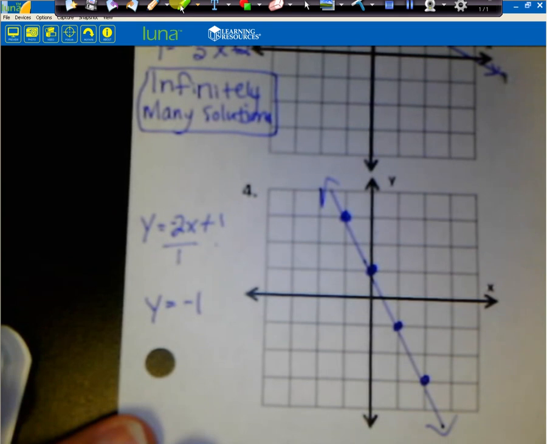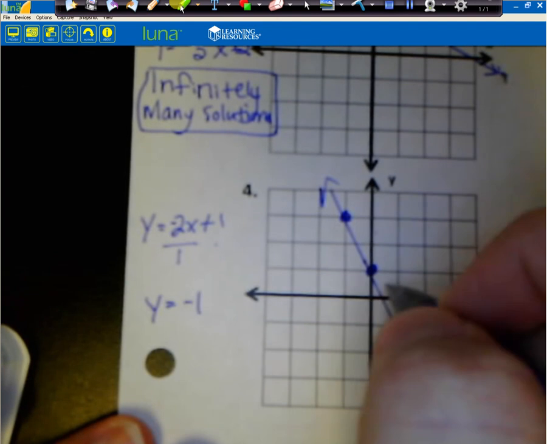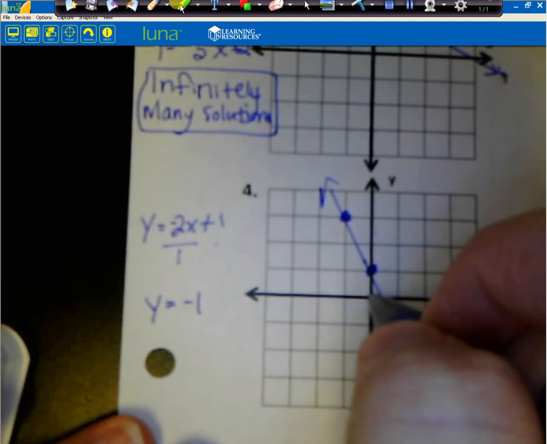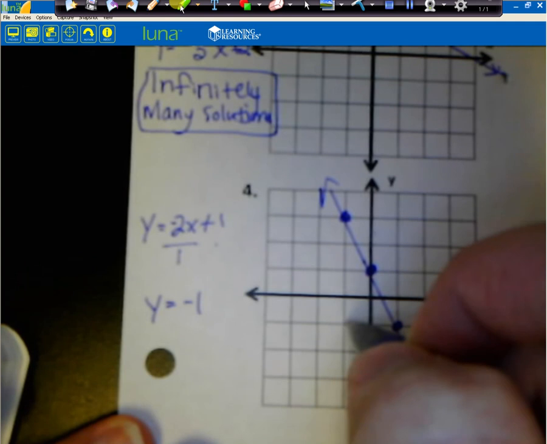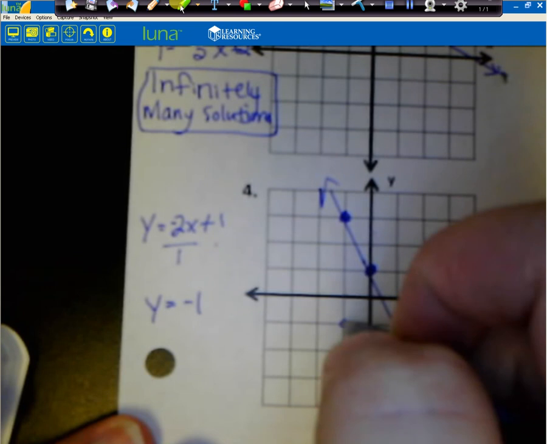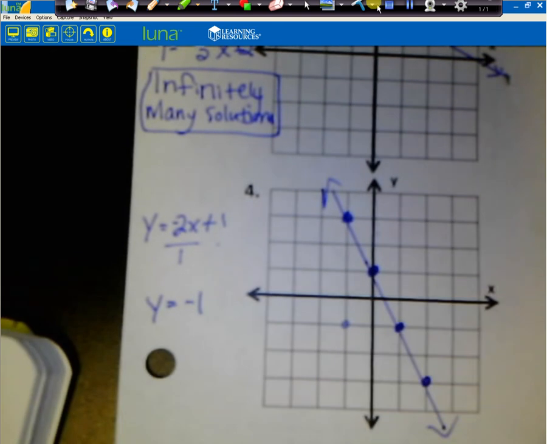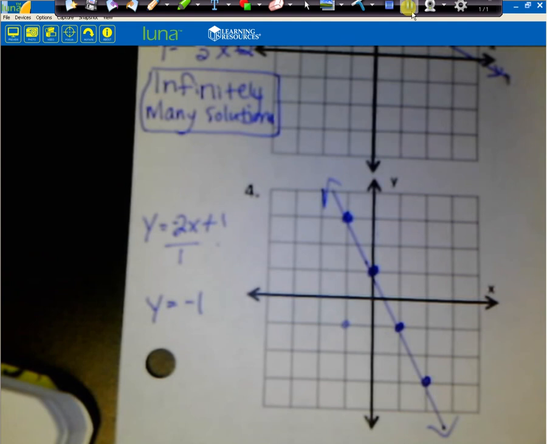And then I'm going to look back at my chart with my points for y equals negative 1. I have negative 1, negative 1, so I'm going to go left 1 and down 1.